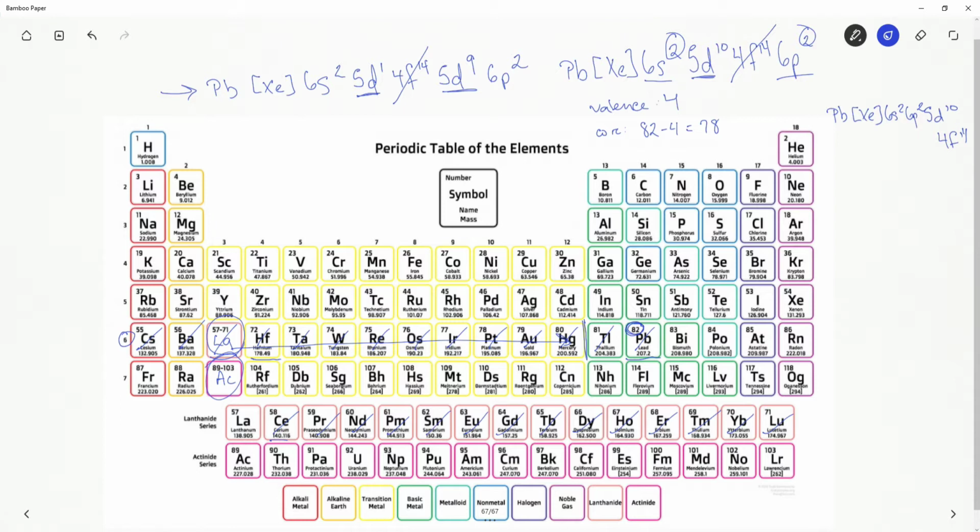Some people like to count up. They might reverse that and put the 4fs, then the 5ds, then the 6s's and p's. The order really doesn't matter. As long as all the electrons are there, you are fine.